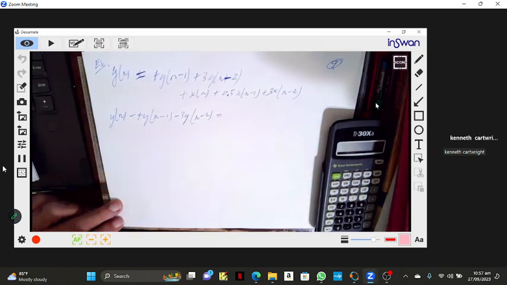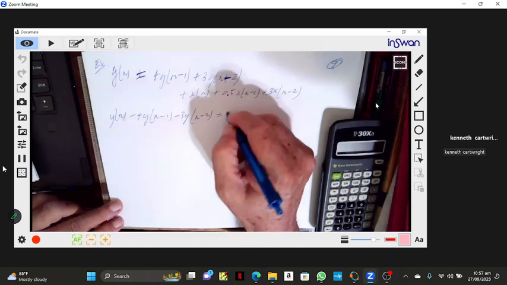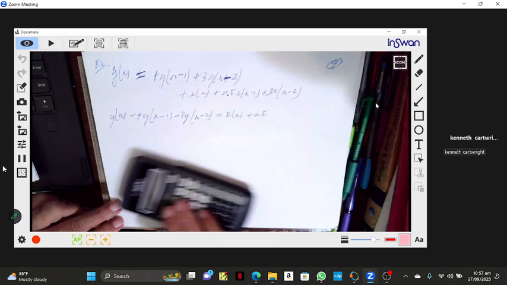Okay, so that's the difference equation in the normal form. So now what?